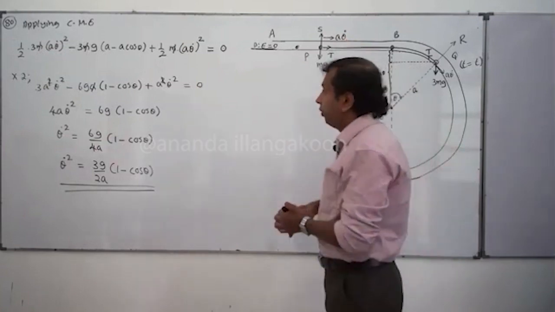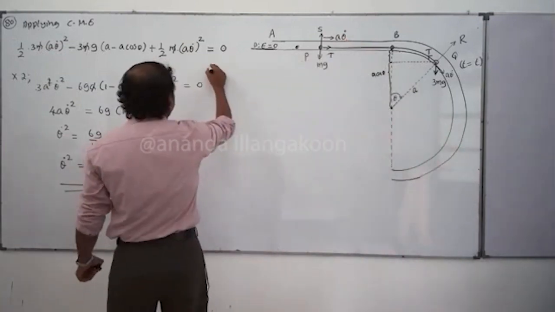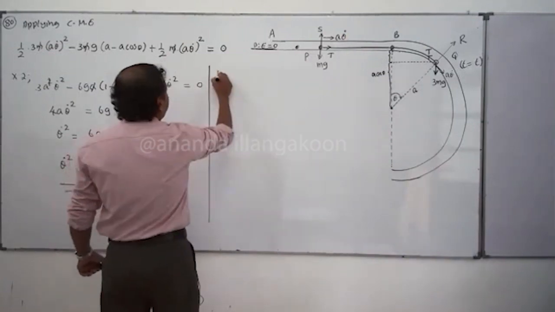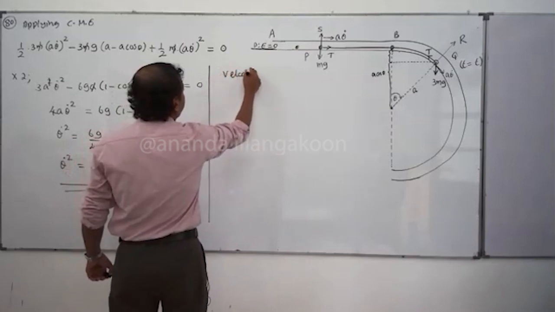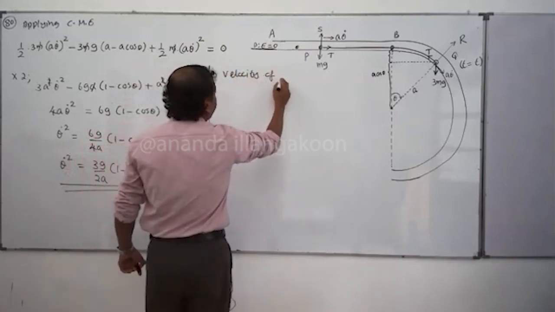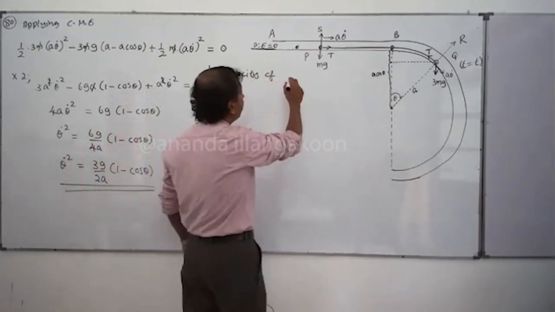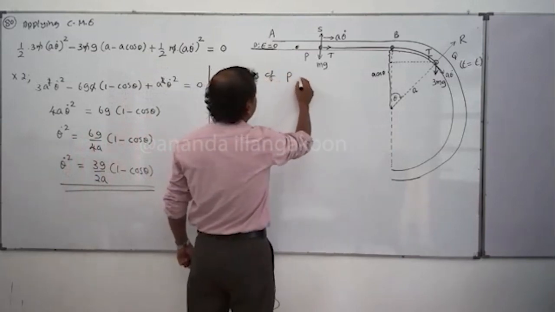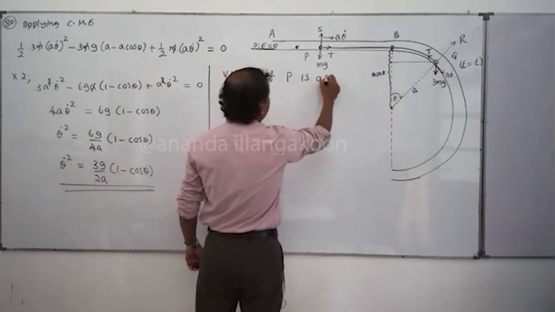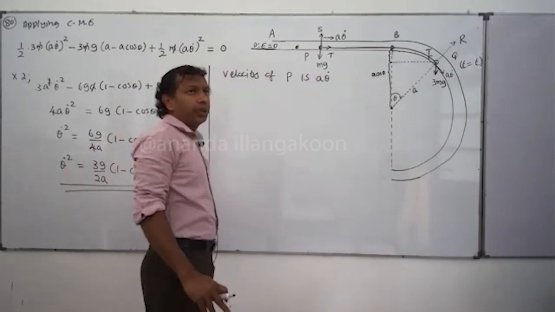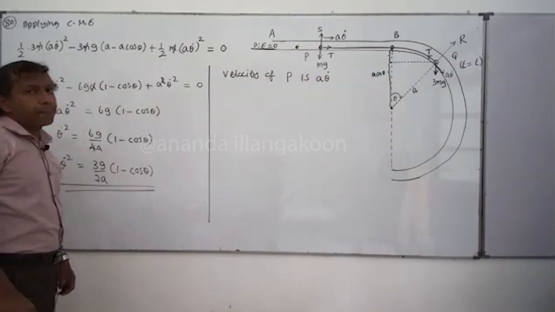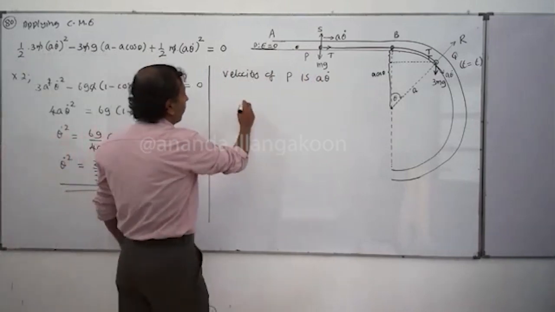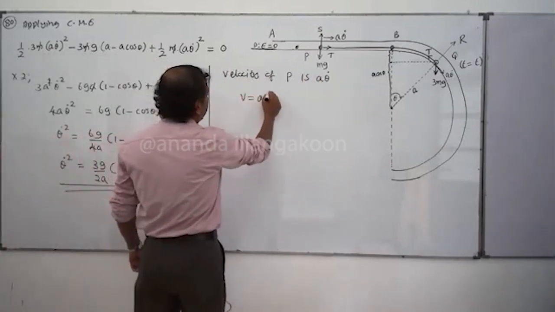Then we can write here, velocity of P, v equals a theta dot.